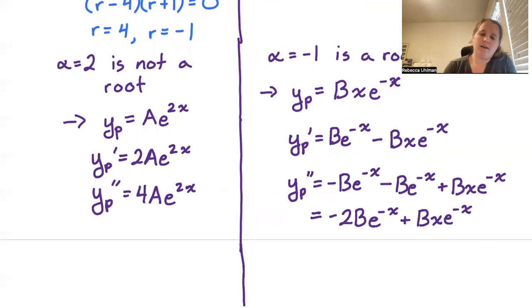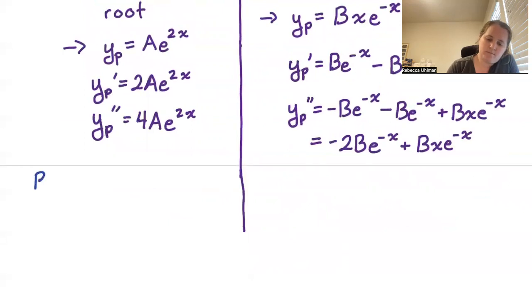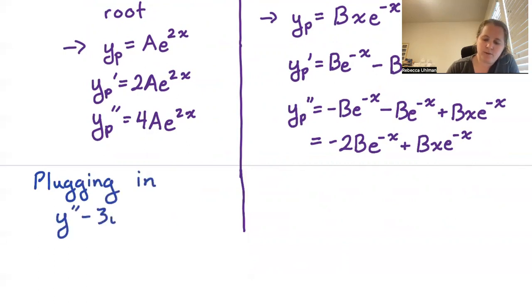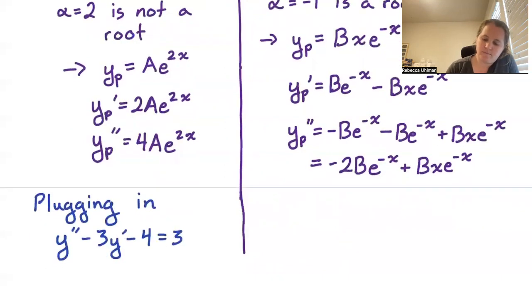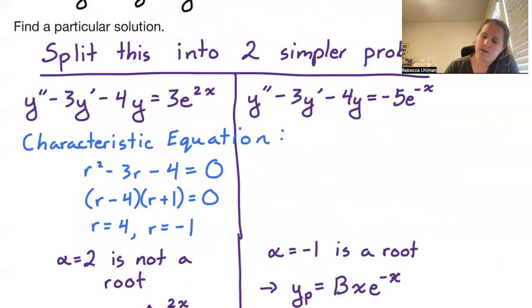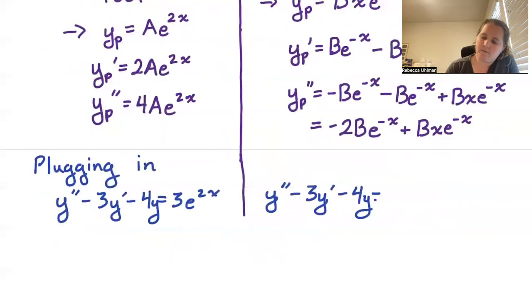From here, we can go about plugging in. So on the left-hand side, we will plug into y double prime minus 3y prime minus 4y equals 3e to the 2x. On the right-hand side, we will plug into y double prime minus 3y prime minus 4y, sorry about that, is equal to negative 5e to the negative x.